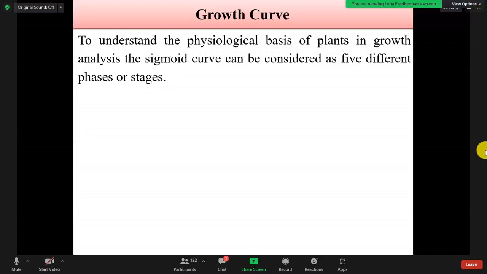So these types of benefits we have by doing the plant growth analysis.